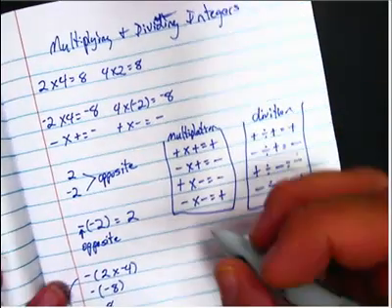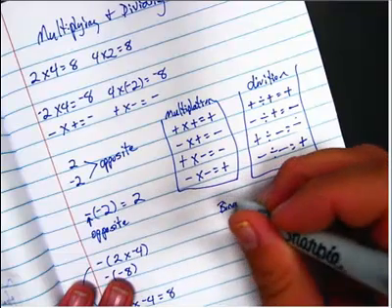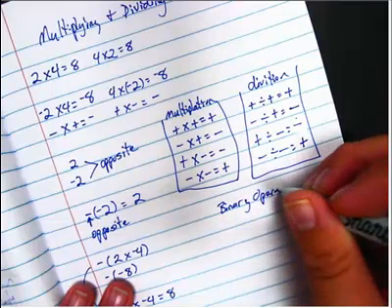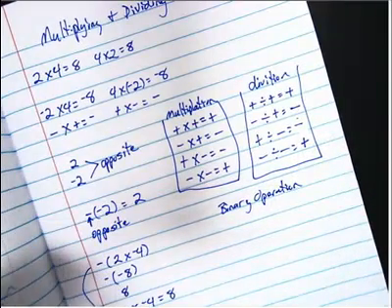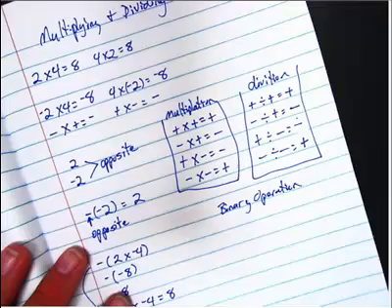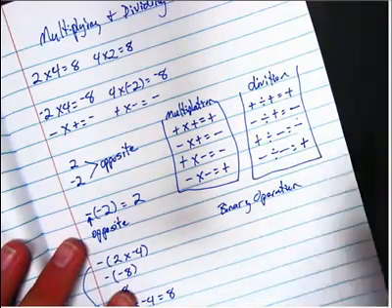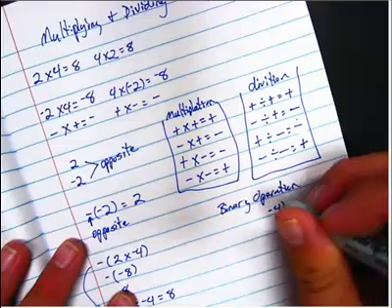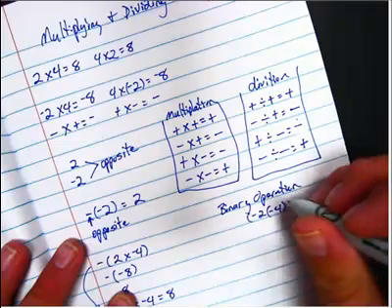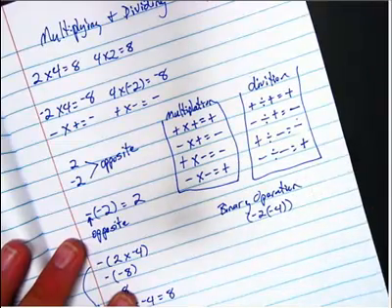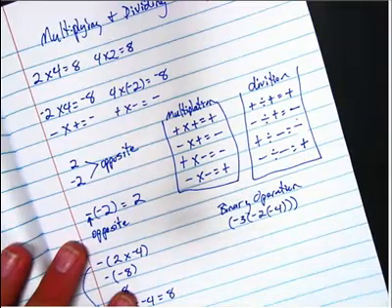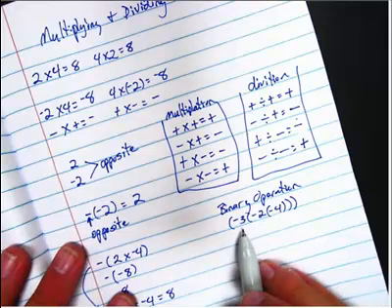Now, pay close attention. Binary operation. What am I saying by binary operation? What I'm saying is that you can only do two things at one time. Let's look at this problem. We're going to say negative 4 times negative 2 times negative 3.